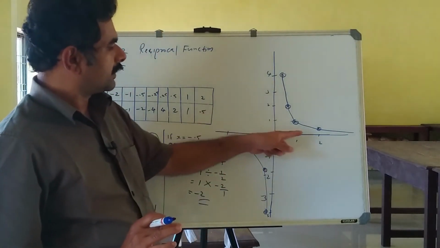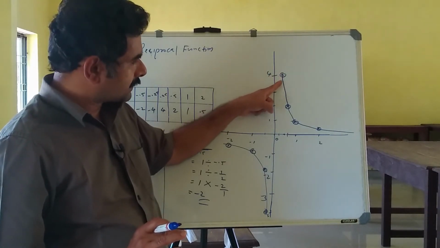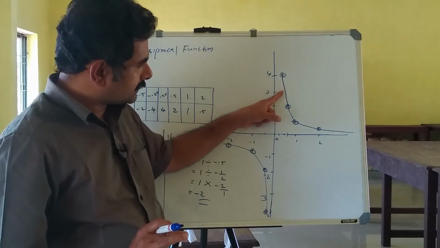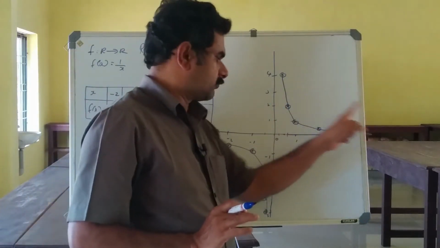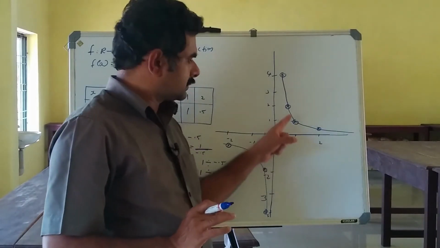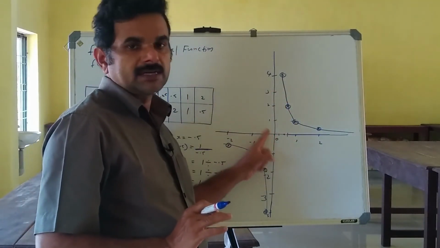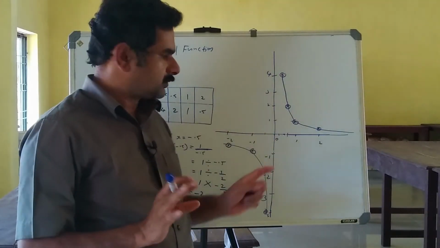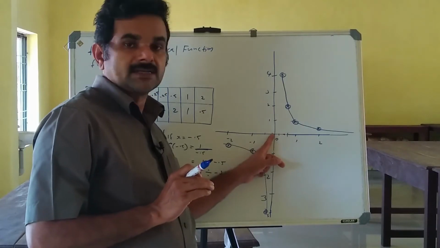And see the difference here, the graph is decreasing, isn't it? The graph is decreasing, and when it is approaching towards 0, it deviates from 0, from this point 0. This graph is not approaching 0 because at this point 0 the graph is not defined. So this graph does not look at the point 0.